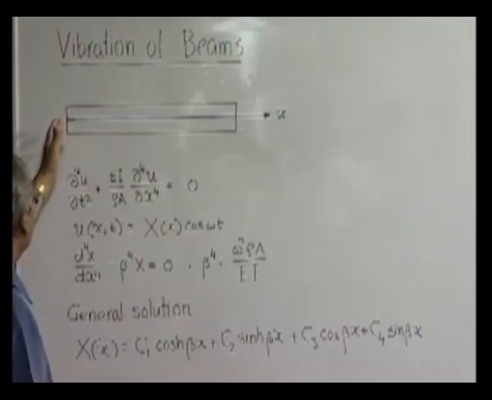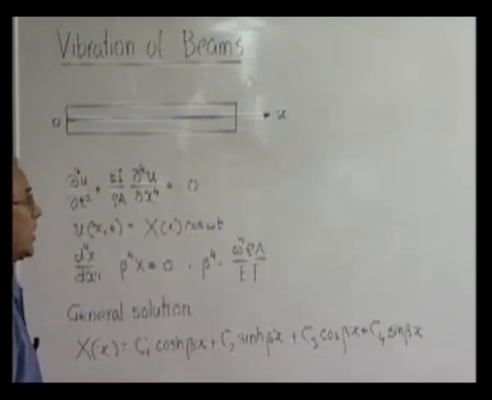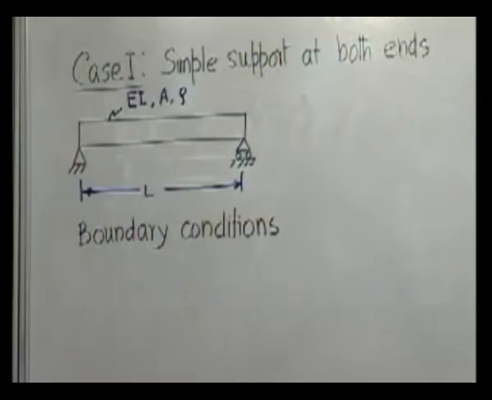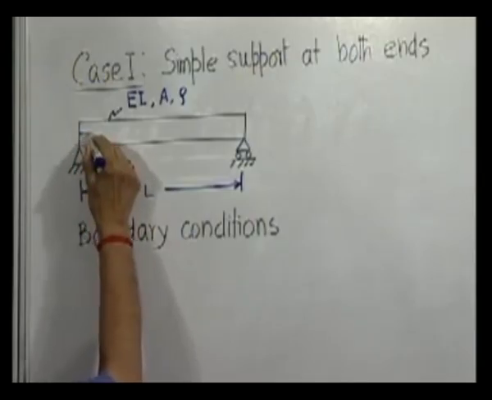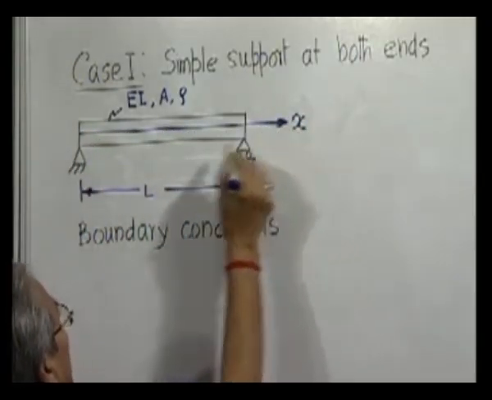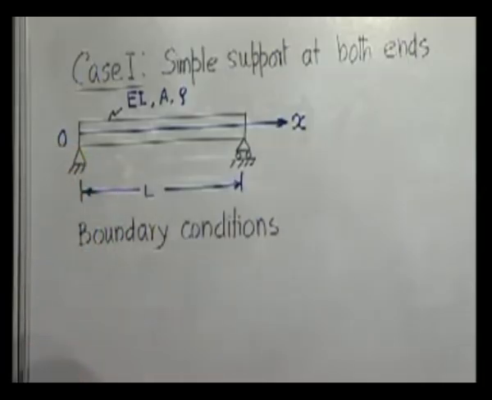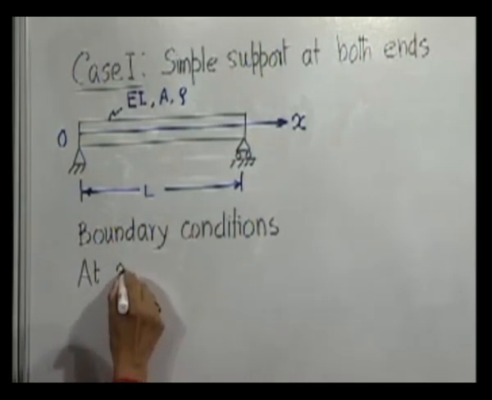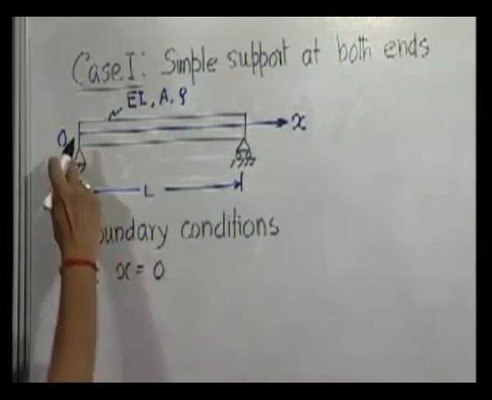So, therefore, on each end we will have 2 conditions. So, here we find that if we take a coordinate system like this, origin here, then the conditions at x is equal to 0. That means this end.